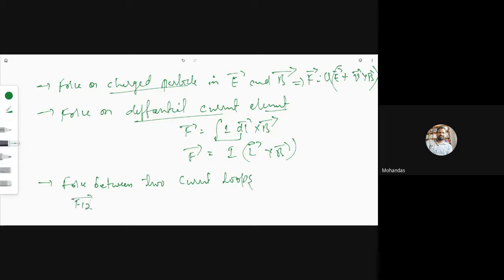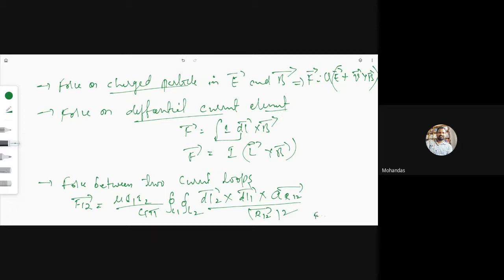One is F12, force due to loop 2 on loop 1, which equals mu into I1 I2 by 4 pi, closed line integral over L1 and L2, dl2 cross dl1 cross a_R12 divided by R12 whole square.